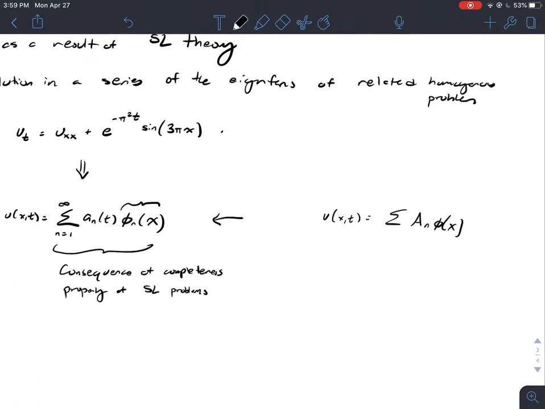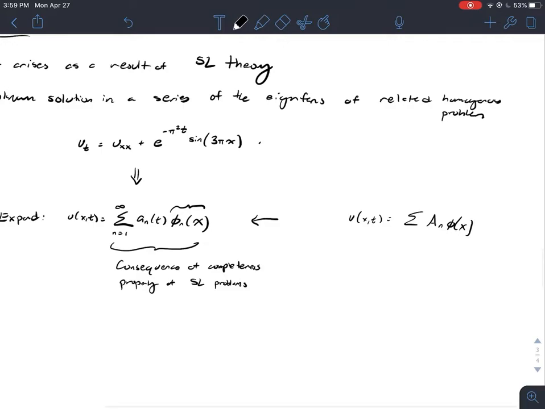However, since these problems are non-homogeneous, the non-homogeneity of the problem is basically forced into the coefficient. So instead of a constant coefficient in these non-homogeneous problems, we're going to make these coefficients non-constant, so they're going to be functions in themselves.